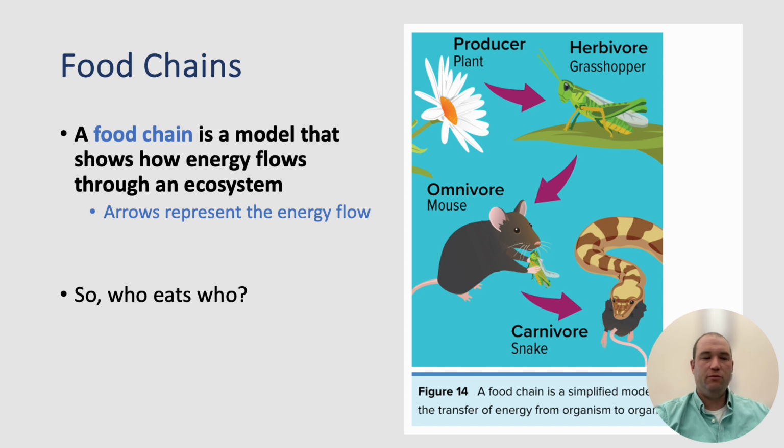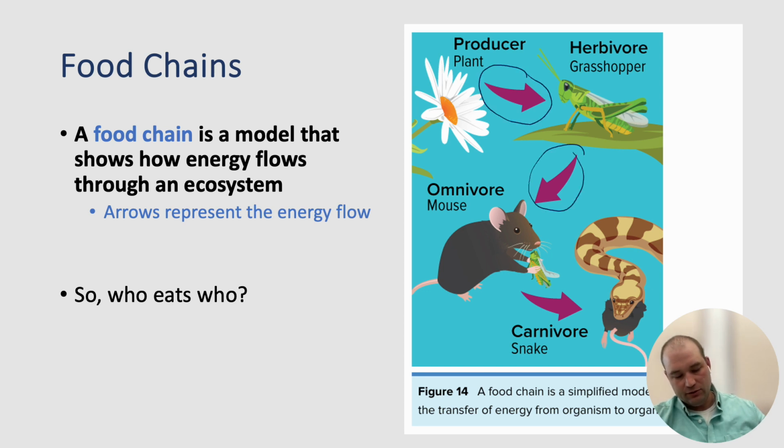So when we're looking at food chains, and I know we talked about this a little bit earlier, a food chain is a model that shows how energy flows through an ecosystem. So these arrows right here that you see connect the different organisms. So for example, we have from the plant to the grasshopper, from the grasshopper to the mouse, and from the mouse to the snake. Those arrows always point in the direction the energy is flowing, or who is getting the full belly.